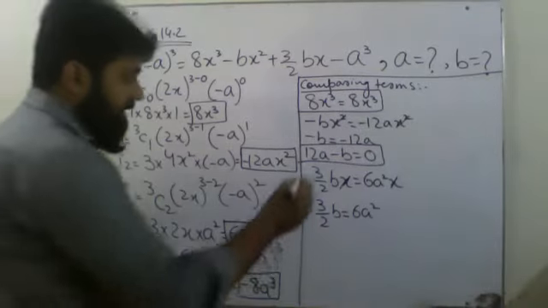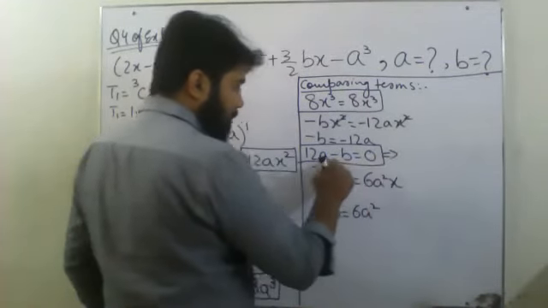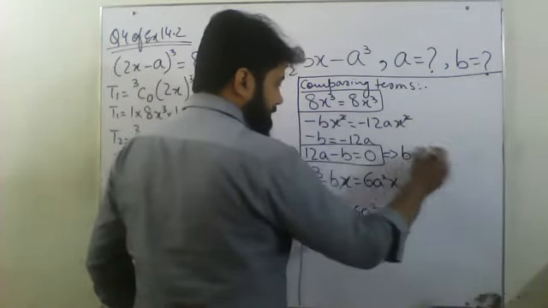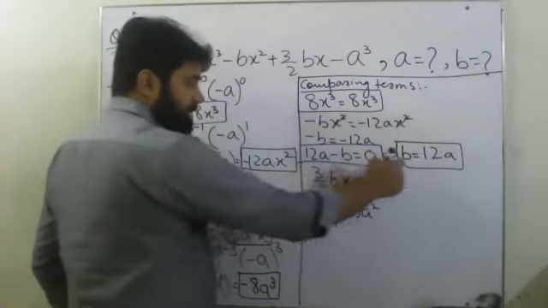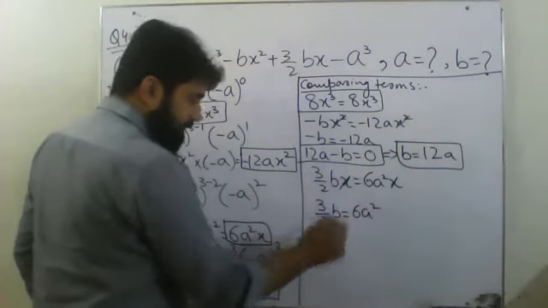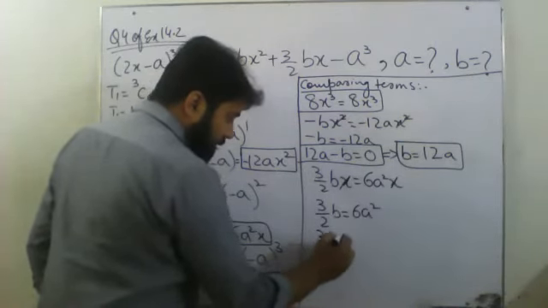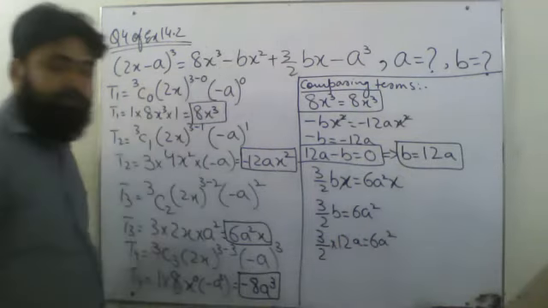Now if I take it from this one, the value of b will be equal to 12a. If I shift minus b over here, b equals 12a. So I am putting this 12a over here: 3 over 2 into 12a equals 6a square.